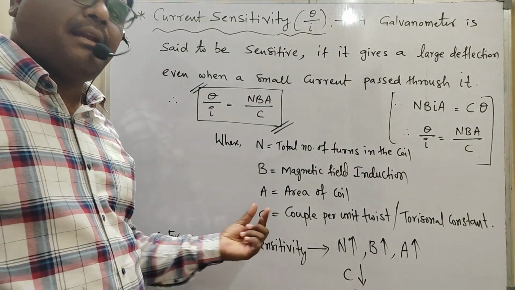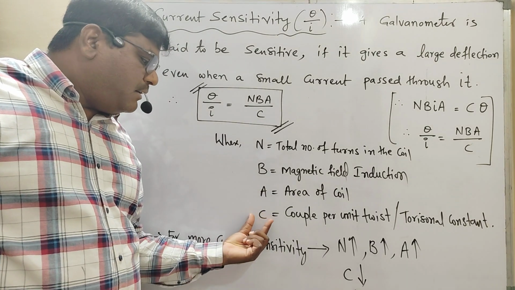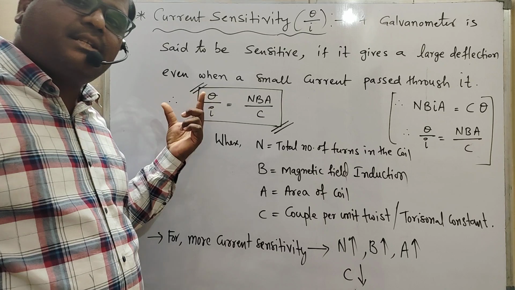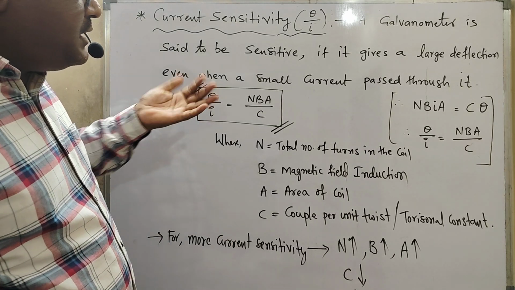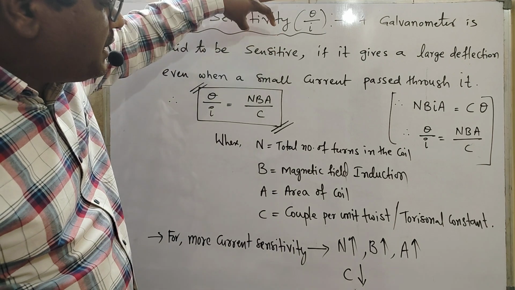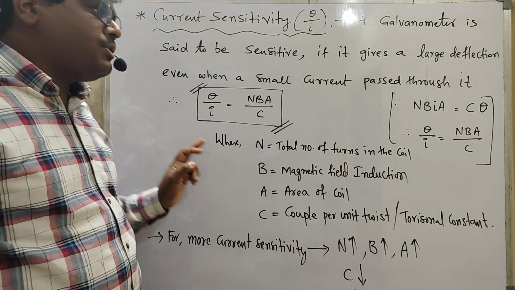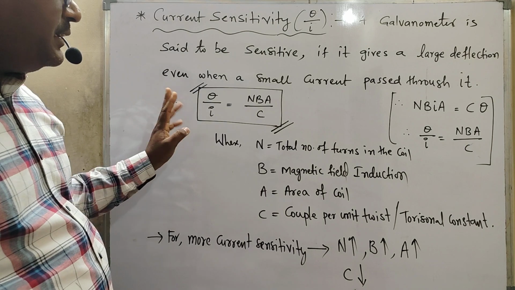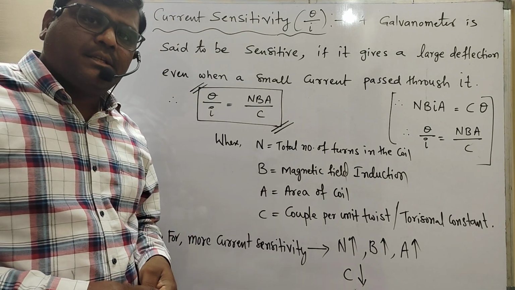That is the C value. They will provide this value, it is constant. If the value is more here, current sensitivity is less. To increase the current sensitivity, these three should be increased. This should be what? Decreased.